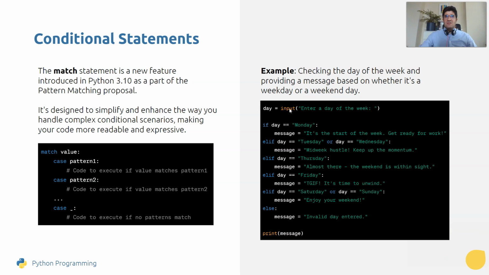In this case, we use input to get the day name. So we say enter a day of the week, and then we compare the day with different days. If the day is equal to Monday, we say it is the start of the week, get ready for work. If the day is equal to Tuesday or Wednesday, we say this is midweek, and you need to keep up.